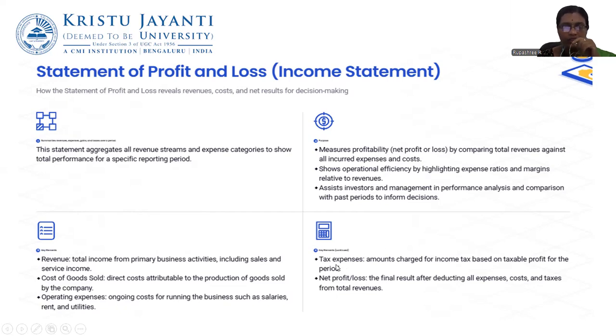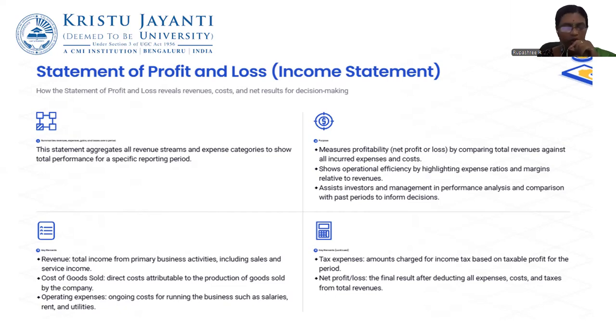The next element that we analyze is the tax expenditure, the amount of tax that is paid by the organization towards the government. So the amount charged for income tax based on taxable profit for the period is what we'll be analyzing there. And finally, from the P&L statement, we analyze the net profit or loss, which is the final result after deducting all expenditures, costs, and the tax from the total revenue.